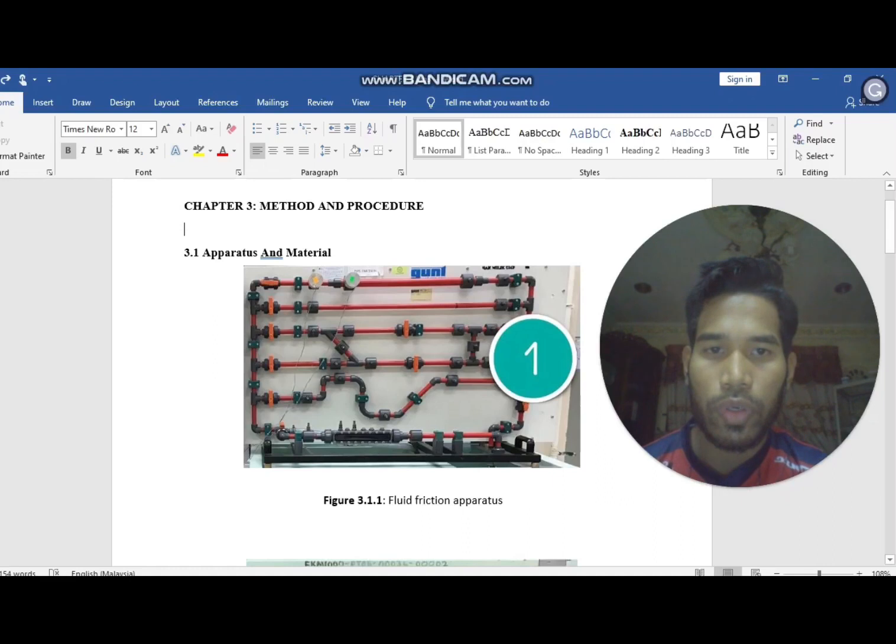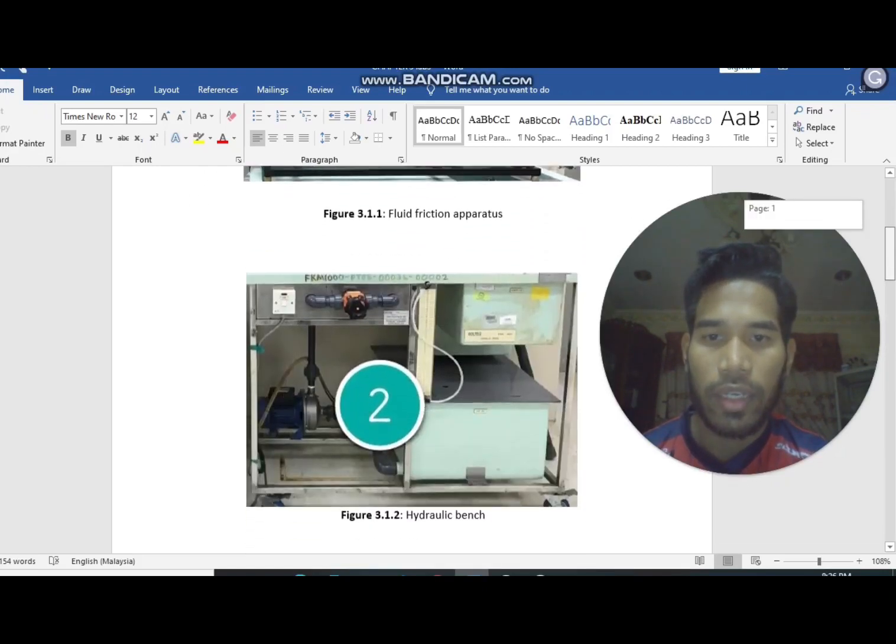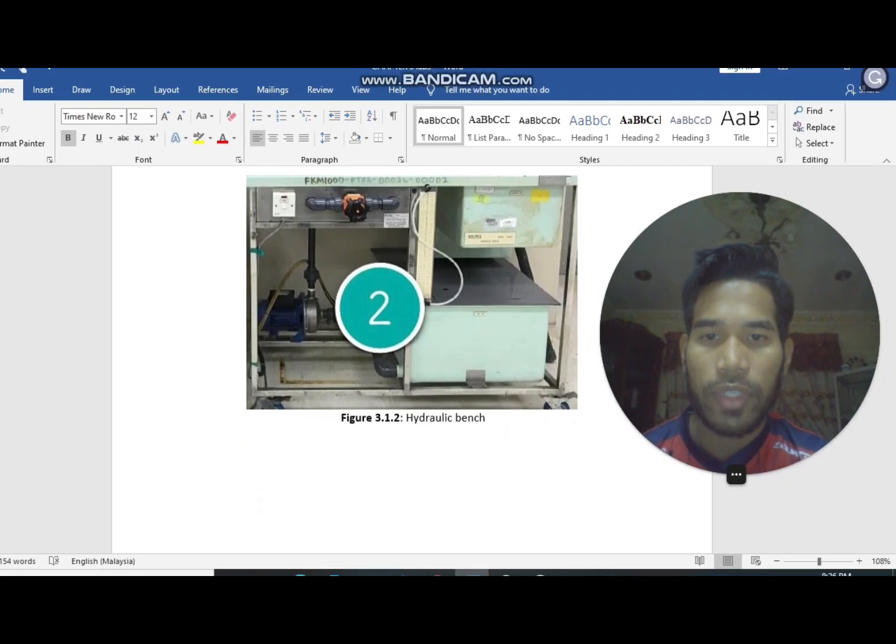I want to show the figures first. One is in figure 3.1.1, this is a fluid friction apparatus. And then second, figure 3.1.2, this is a hydraulic bench.